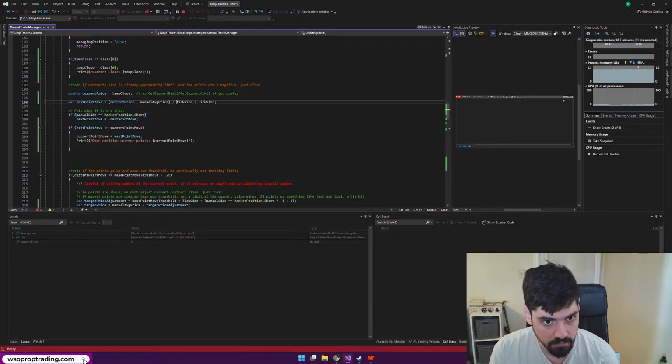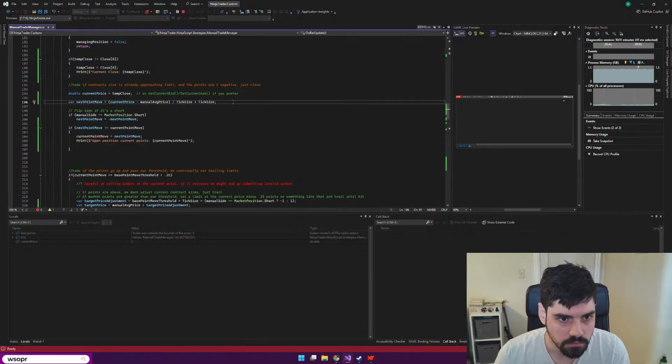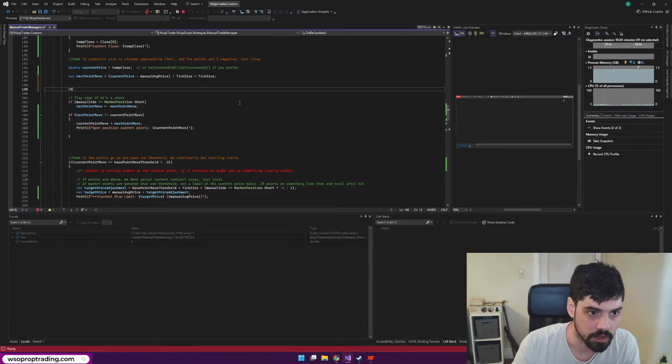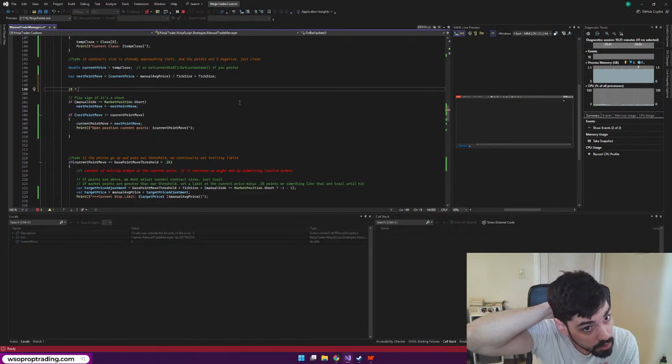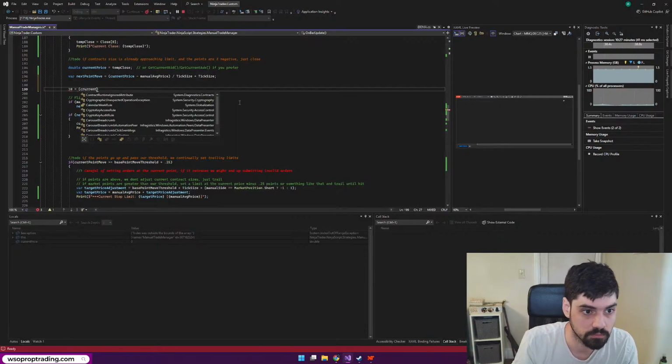But instead, if I multiply by tick size times tick size, because that's really what we're doing here on this side, then maybe it would be better. Like if I wanted to see what the price would be at current.